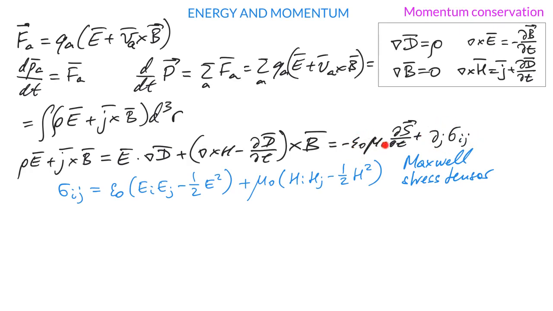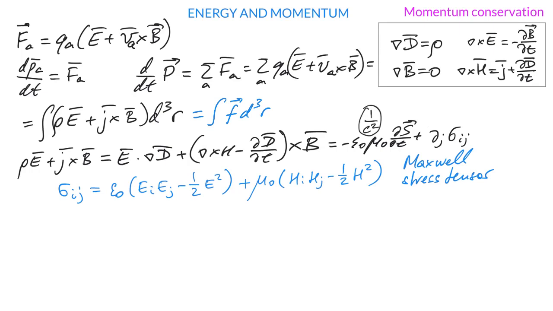Notice that epsilon naught mu naught here is just the inverse of the square of the speed of light. So to interpret these results, let's introduce the notation for the density of the Lorentz force. So this expression here I'll write as the integral of some force density over the volume. That force density represents the rate of momentum imparted by the field to the particles.